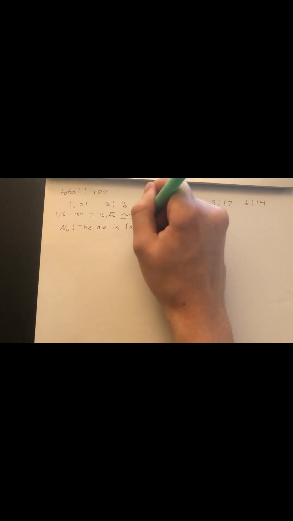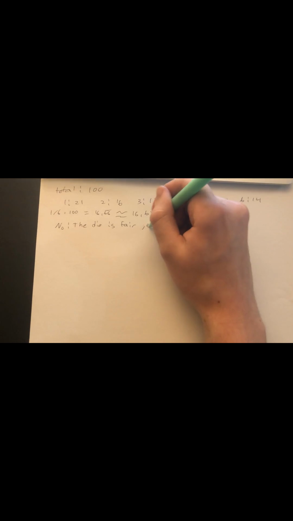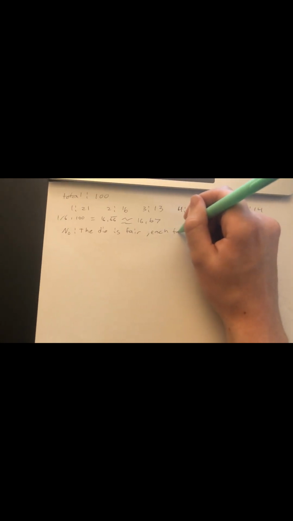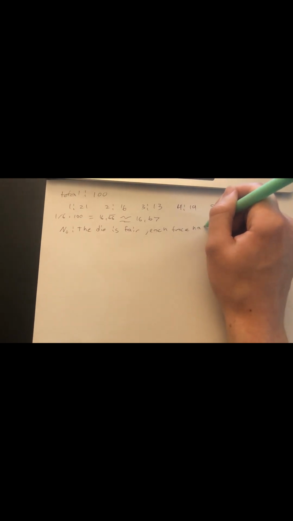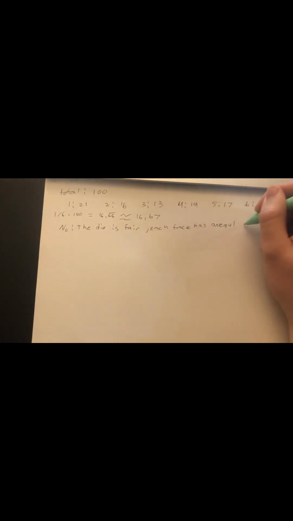Our null hypothesis is that the die is fair: each face has an equal probability of 1/6.